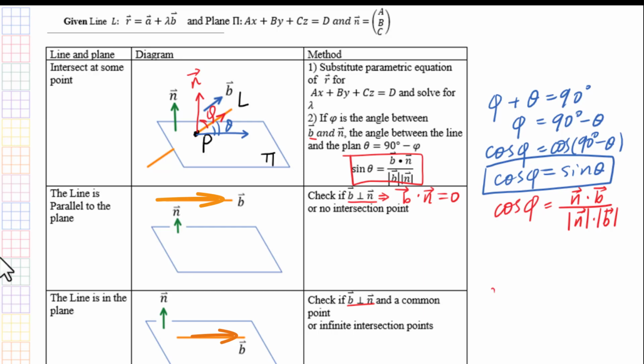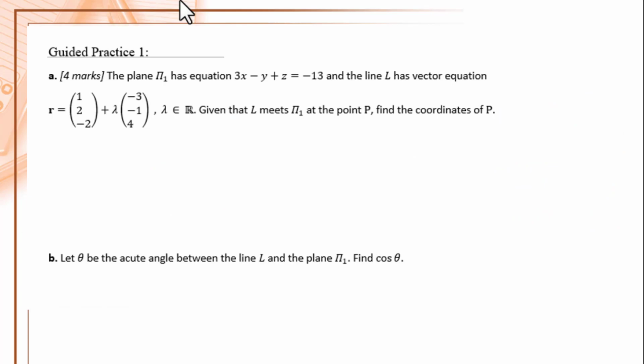In this situation, assume vector a is (a1, a2, a3). Then a·a1 plus b·a2 plus c·a3 equals d.